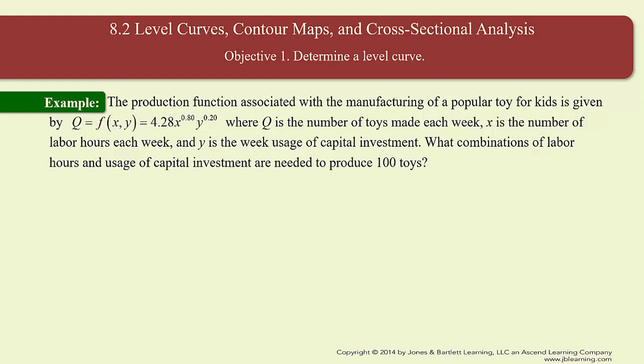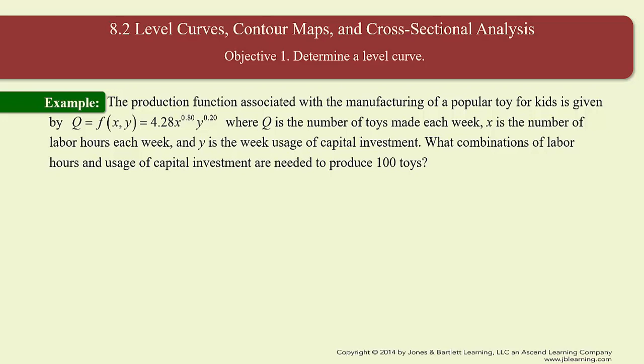Well, as you can imagine, there are an infinite number of combinations of x and y that will have a Q value of 100, that will result in producing 100 toys. That 100 toys is the quantity.